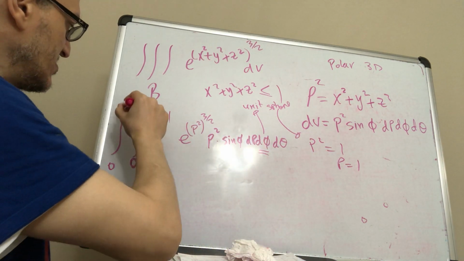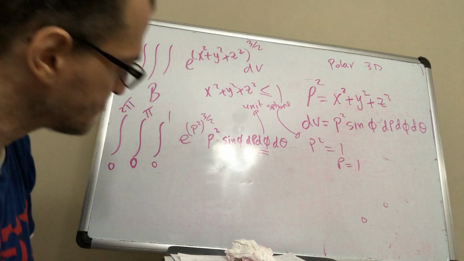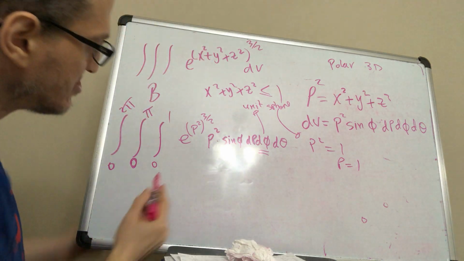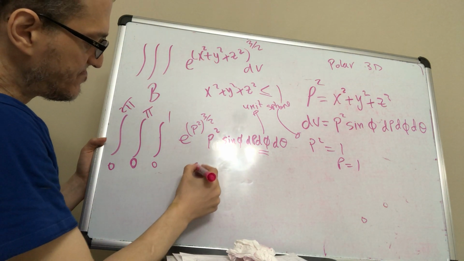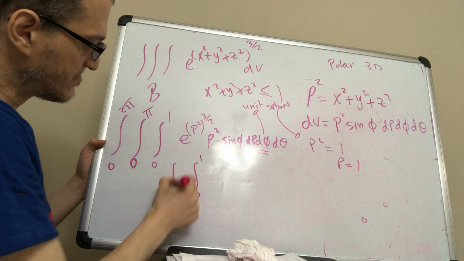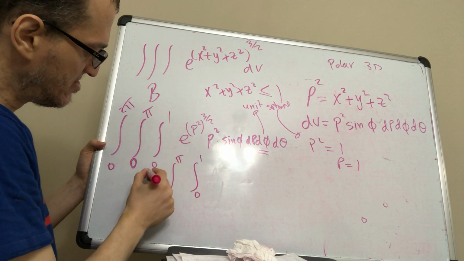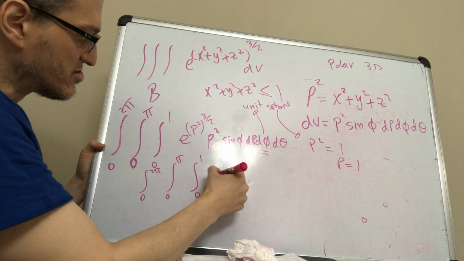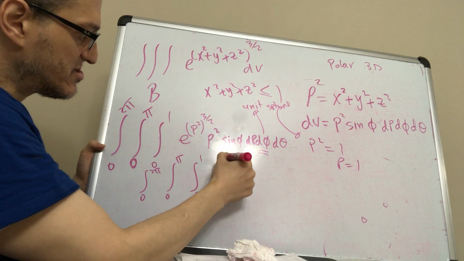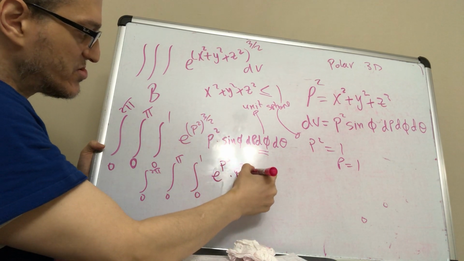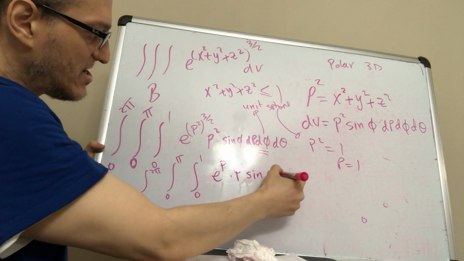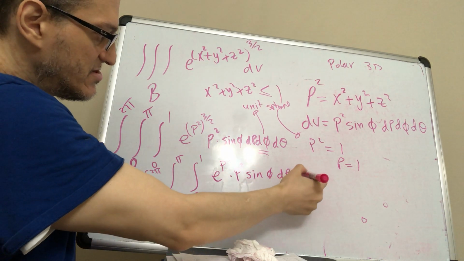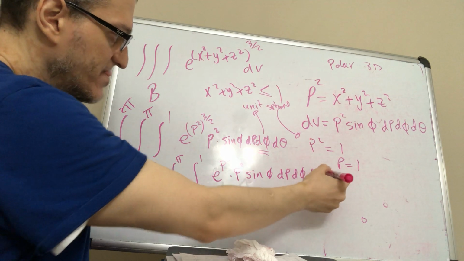And theta is always 0 to 2 pi. So you're integrating 0, 1, 0 pi, 0 2 pi. When you raise to multiple exponents, you cancel, so it's p cubed, p squared, sine phi, dp, d phi, d theta.